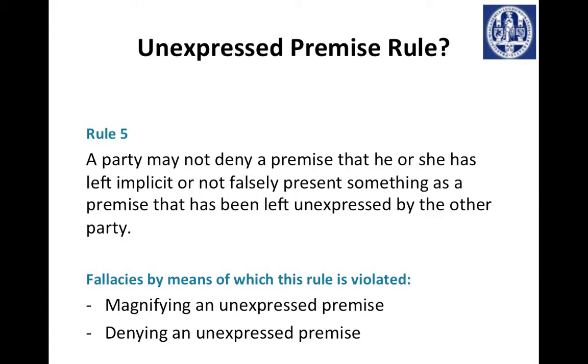But the difference between these fallacies and the straw man fallacy is that the straw man always concerns the standpoint of the opponent. So you either misrepresent the standpoint or you act as though the other party has the standpoint, while that's not at all the case. And here it's all about the linking premise, the bridging premise, so the if P then Q, not at all about the standpoint. So that's the difference between these fallacies.